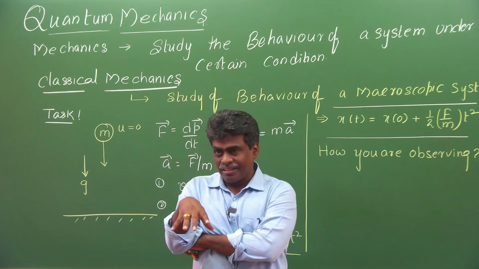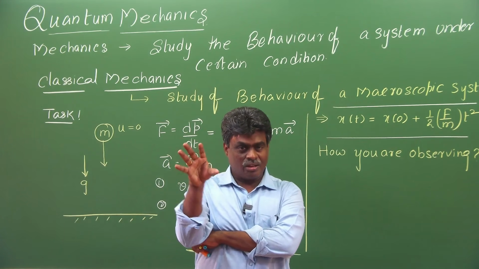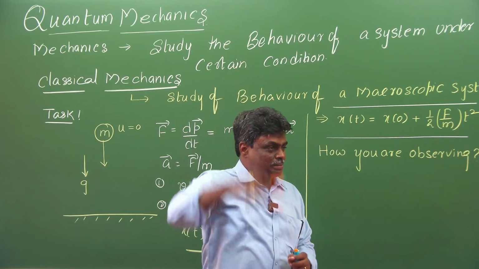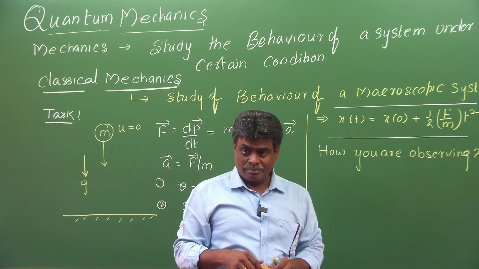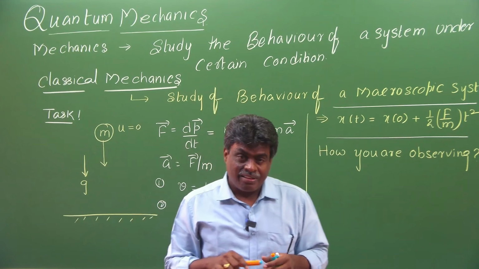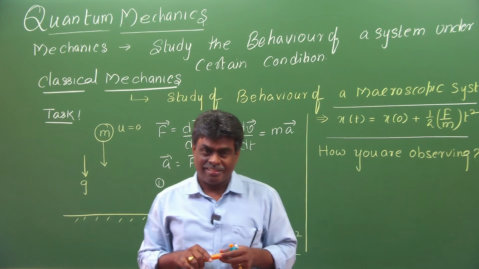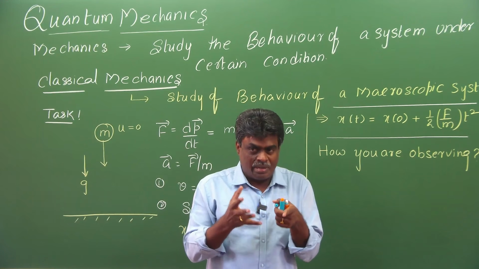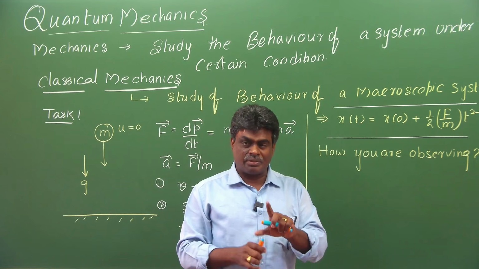Lights off. No sunlight, no artificial light. Again I am doing the experiment. I will get the experimental result. Can you observe? No. Carefully understand. If you understand this 15-20 minutes discussion, you will understand what is the difference between classical and quantum.